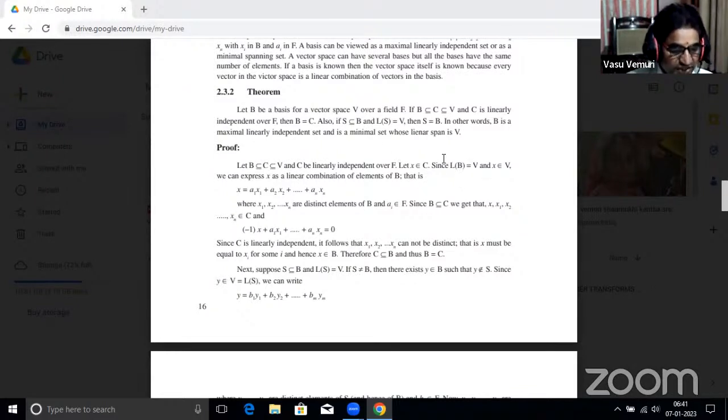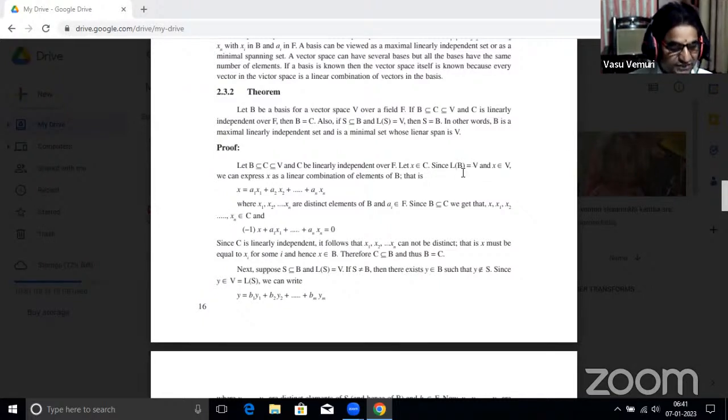Okay, since the linear span L(B) equals V by definition. What is the basis of a vector space? Any subset of a vector space that is linearly independent and whose linear span L(B) equals V is called a basis of the vector space.